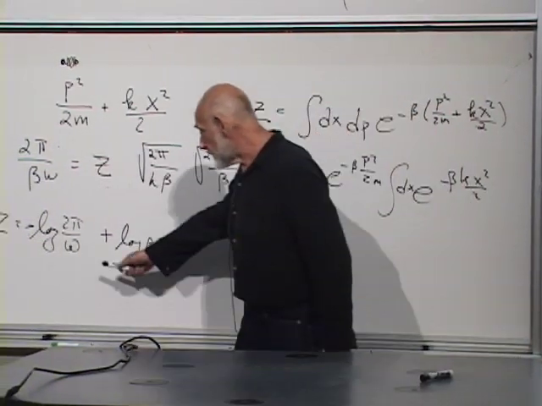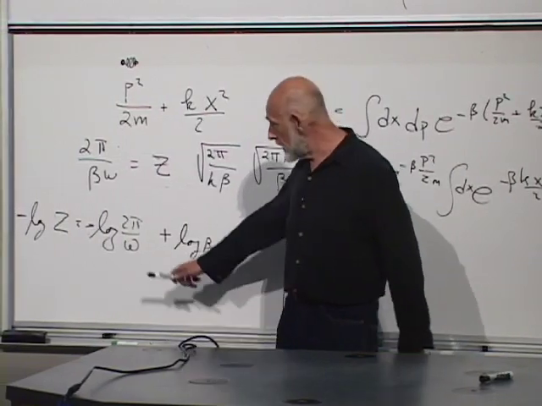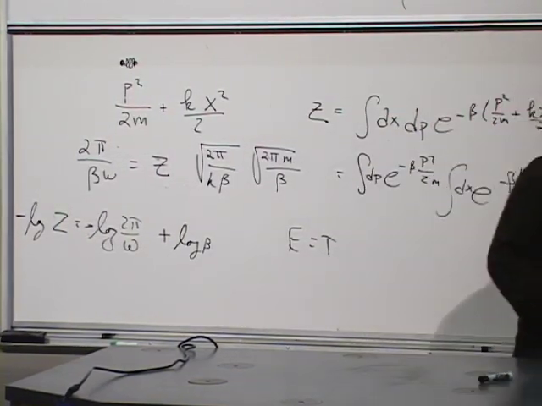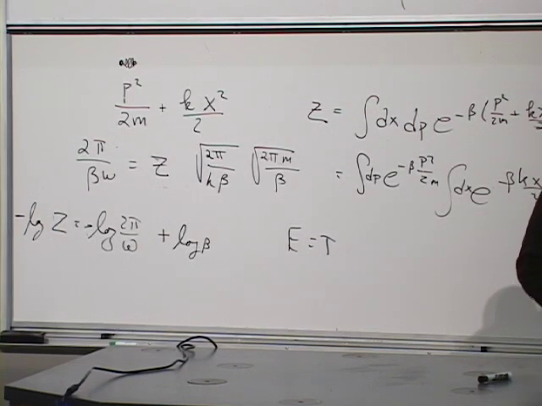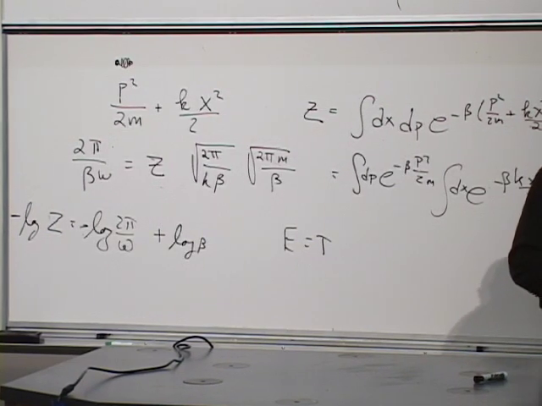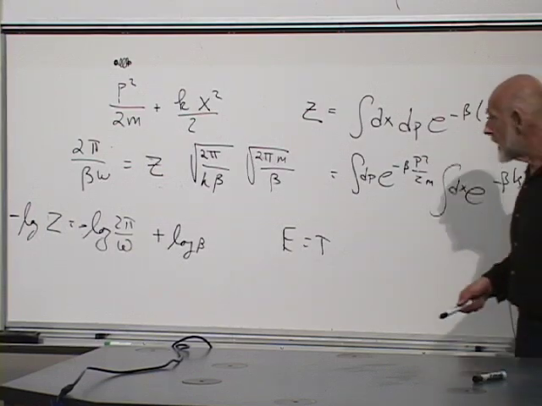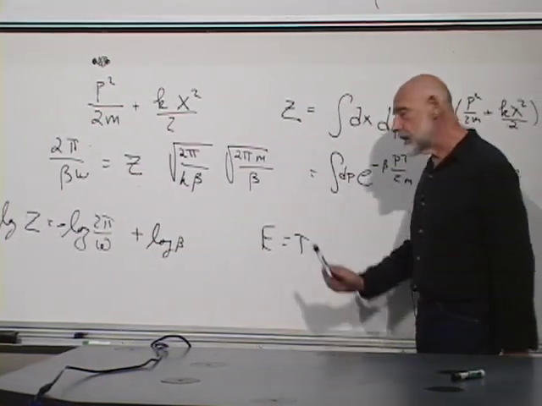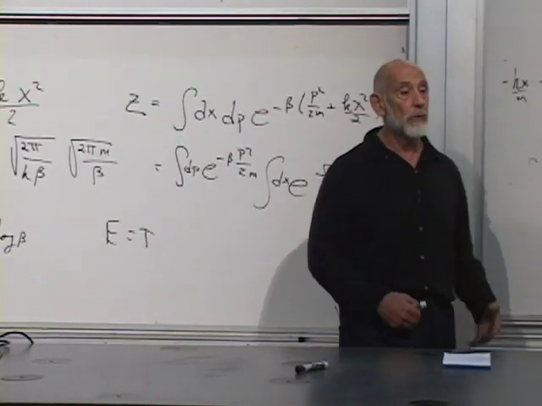The partition function depends on the spring constant through omega here. Incidentally, very large spring constant means very large omega, very large frequency, very rapid vibration. On the other hand, no matter how large omega gets, the energy stored in that oscillator is always just T.